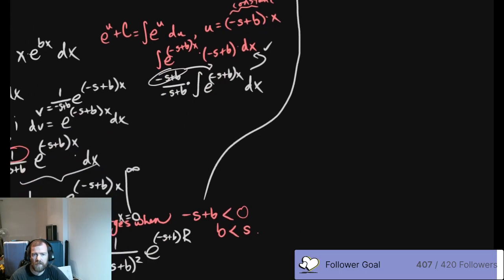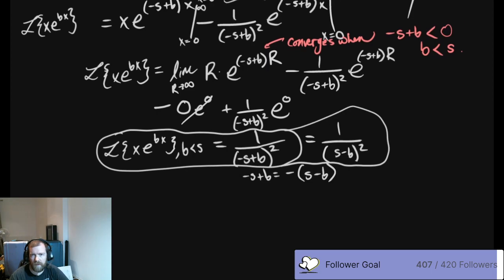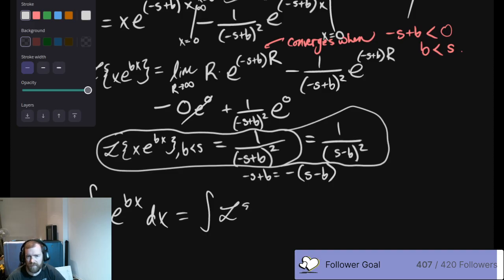So what we've done here is we said if we were trying to take the integral of x e to the bx dx, and we were having problems with this for whatever reason, we could instead make this the integral of the Laplace transform. And actually that would now be ds. So that's how you're doing that one.